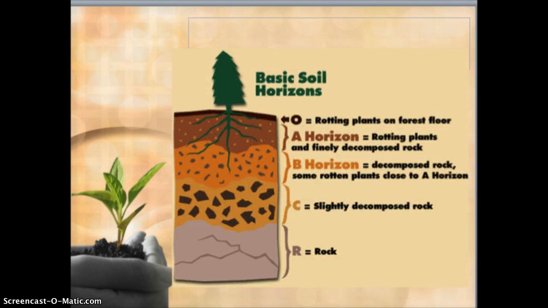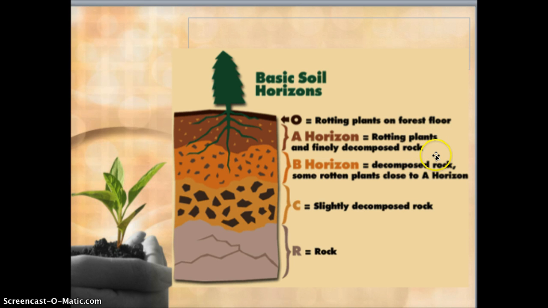Probably a very important understanding of the soil are what are known as the soil horizons. This is something they ask for on almost every AP Environmental test in some form or another. The very top layer is called the O horizon. Think of that as meaning the organic horizon. This is where you have rotting plants on the forest floor, all that leaf litter, that sort of material.